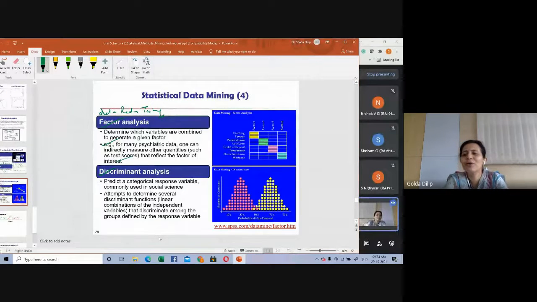Okay, so let's move on to the next technique. Next technique is what is called discriminant analysis. So this is basically a classification technique.